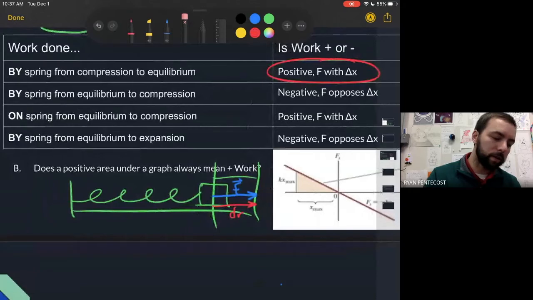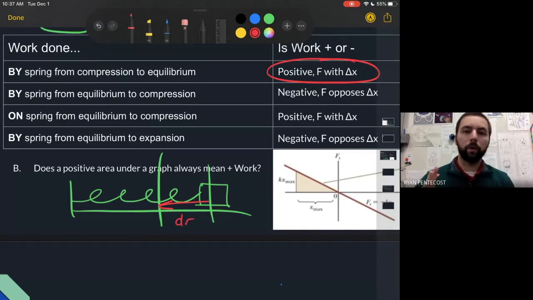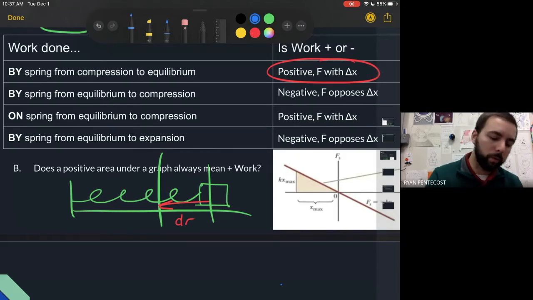Now, let's say we want to find the work done by the spring from equilibrium to compression. So we start at equilibrium, and now we're moving to compression. So here, this is our dr, right? We are moving from equilibrium and we're compressing it down. But the spring wants to go to equilibrium. So the spring force will actually resist you, right?